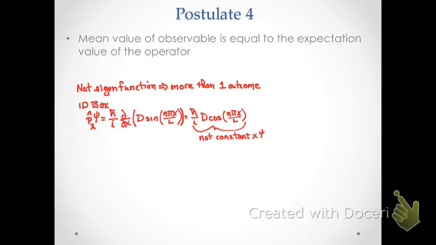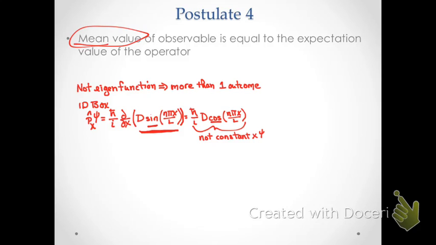Now, that means that we don't get a constant times the original function, because we started out with a sine function and we end up with a cosine function. So this wave function, the sine of n pi x over L, is not an eigenfunction of the momentum operator, because we don't get a constant times the original function.